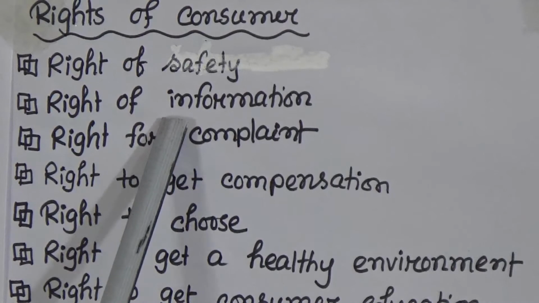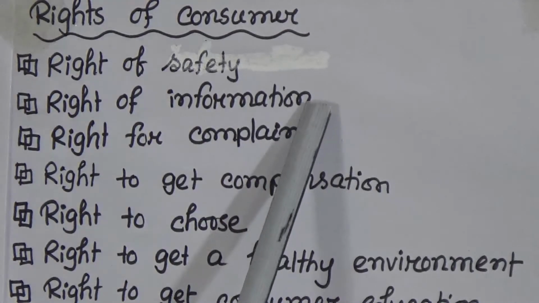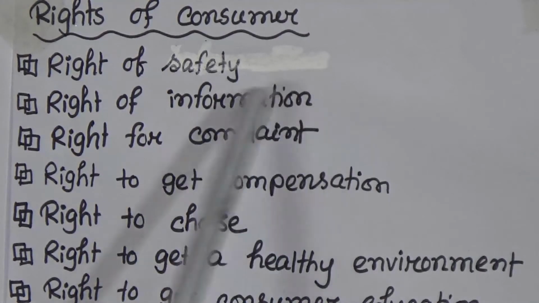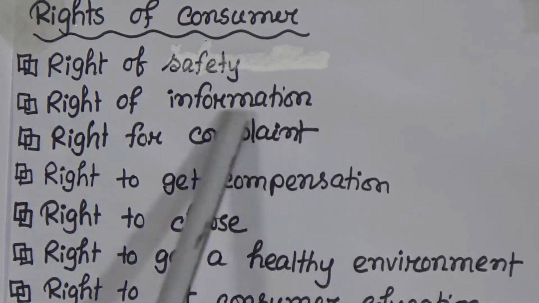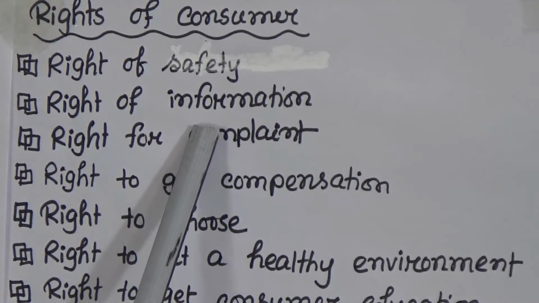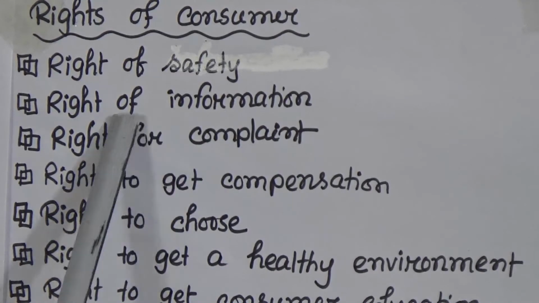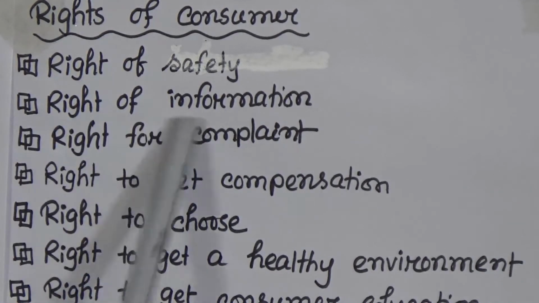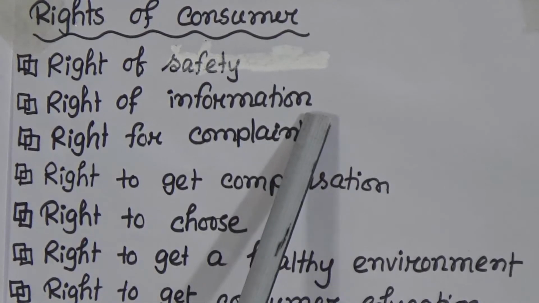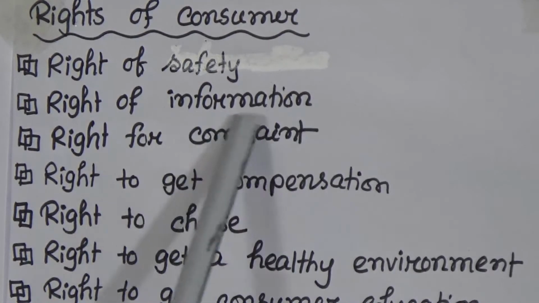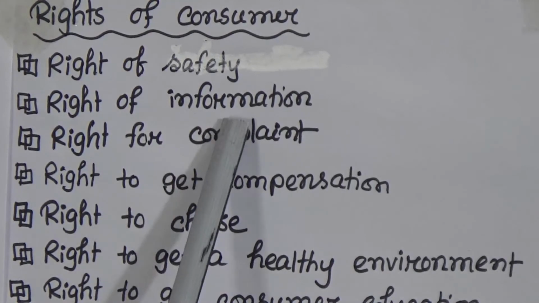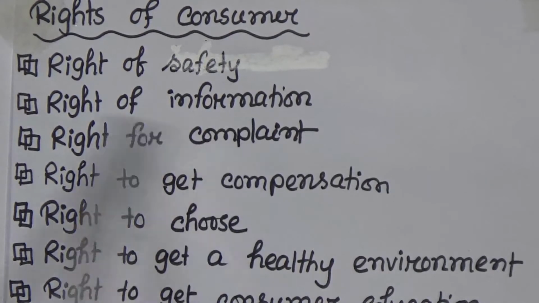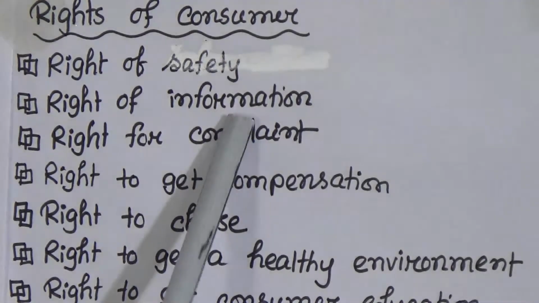That means the expiry date, how long it will stay properly, that means the durability of that product, and the materials the product is made of. So these are different types of information about that product. So a consumer must have the right of information.